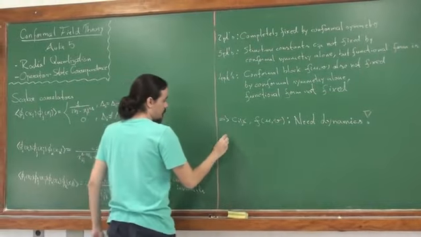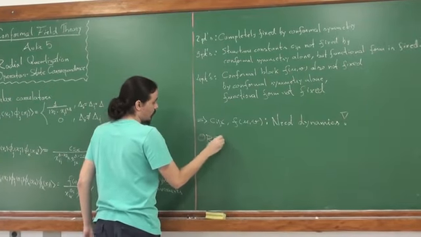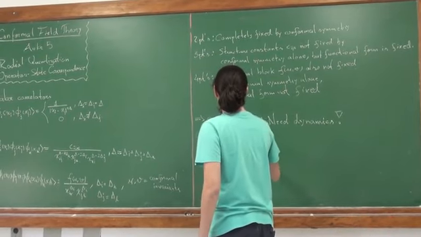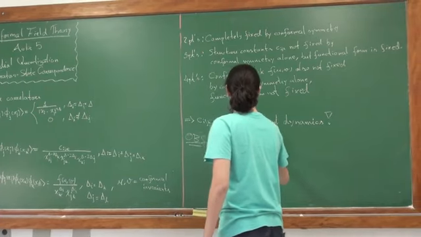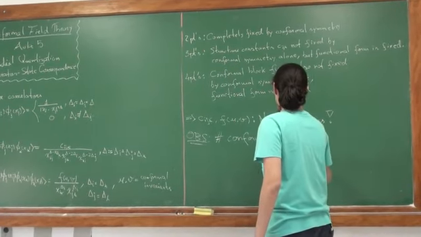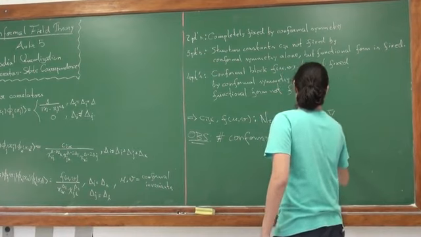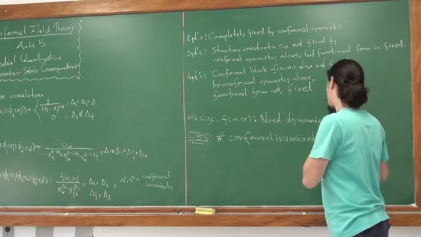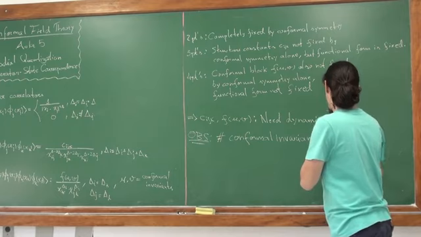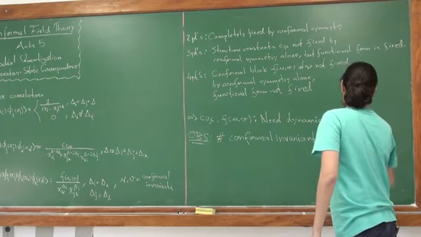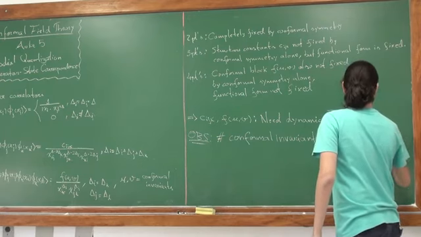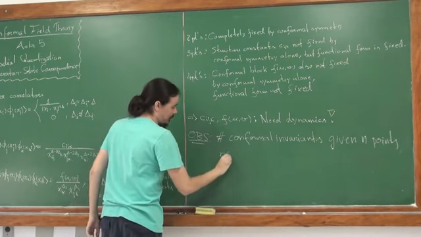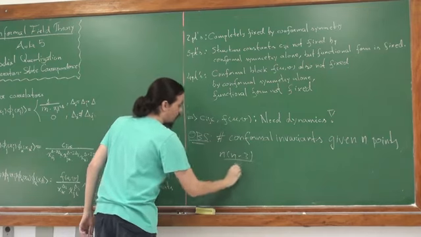Just like a remark: the number of conformal invariants that can be made from n endpoints, I told you that it is n times n minus 3 over 2.